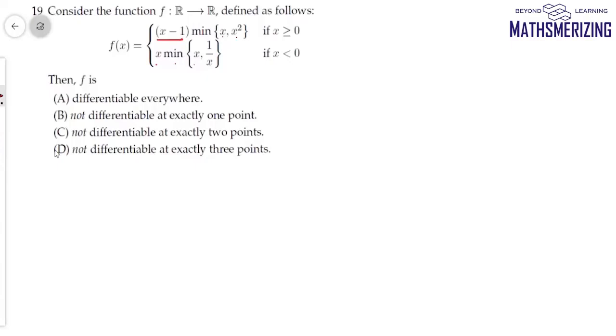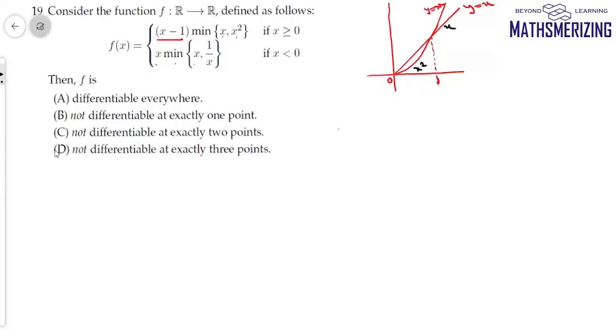So when x is greater than 0, if I draw the graph of y is equal to x and y is equal to x square, this is y is equal to x line, and this is y is equal to x square. So between 0 and 1, the function which is minimum is x square, and between 1 and infinity, minimum function is x.